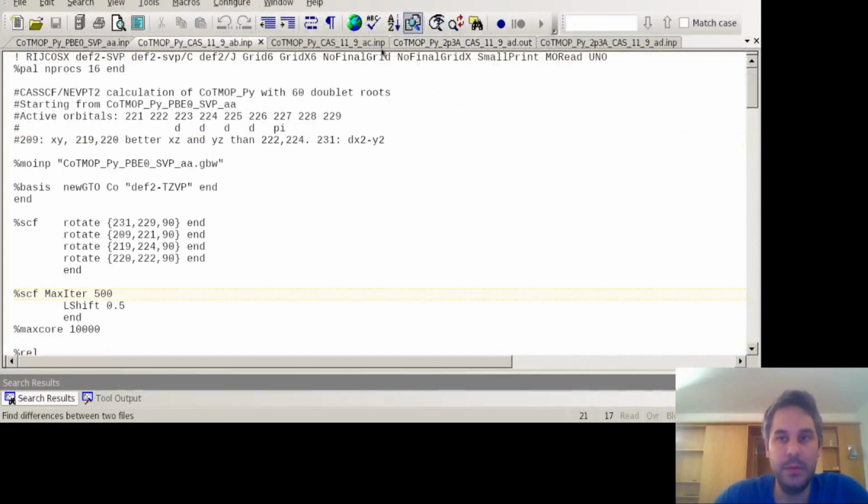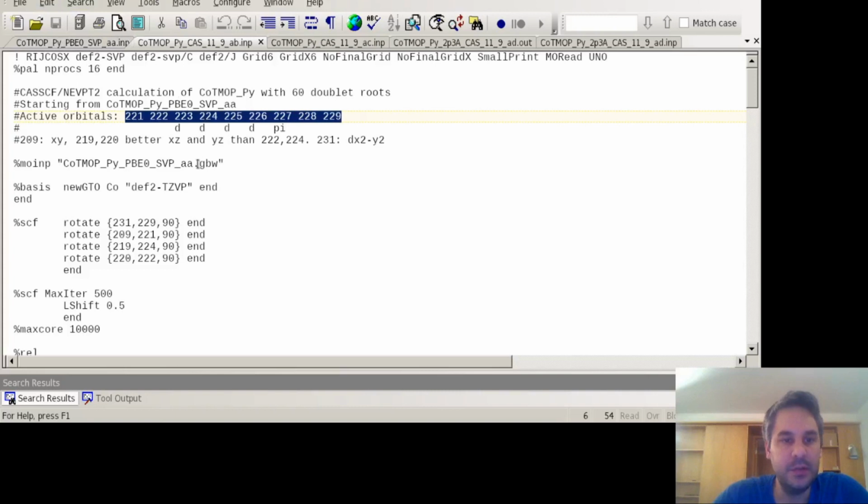Now I'll go to my input file for the CASSCF calculation, and I wrote down that the active space goes from 221 to 229 because again ORCA starts counting from 0. So this causes confusion, but it's better to write down as comments which are the active orbitals in the active space.